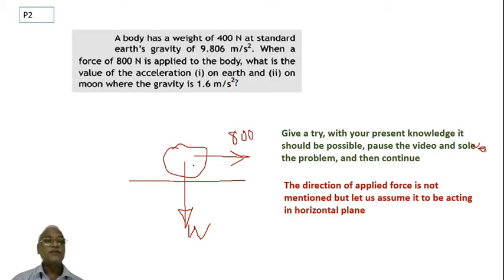Whether it gets an acceleration or not, first of all, and then what is the acceleration? So this is the free body diagram. When it is touching the surface on which it is being put, obviously there will be a reactive force also. So this is the overall free body diagram.